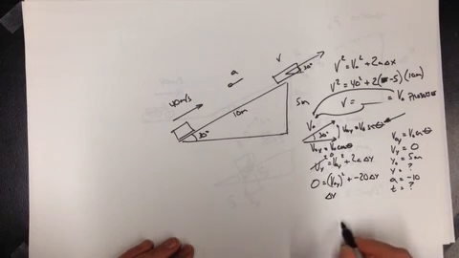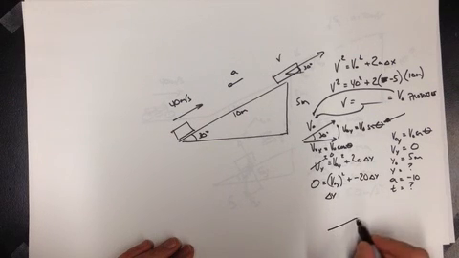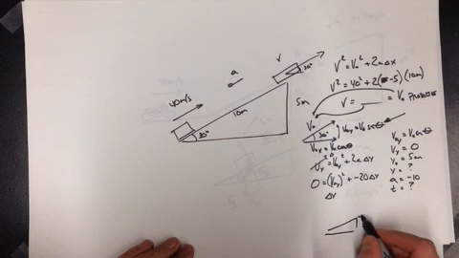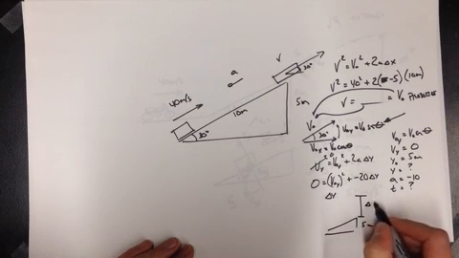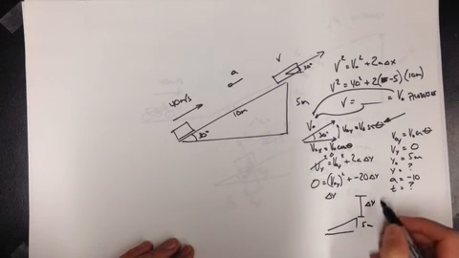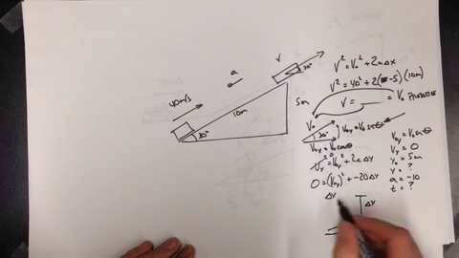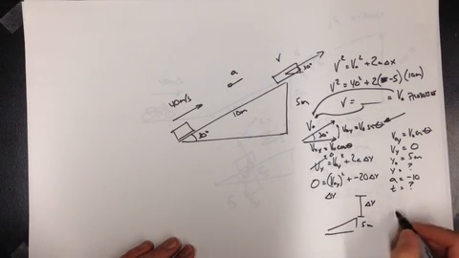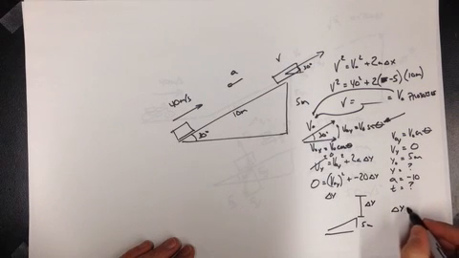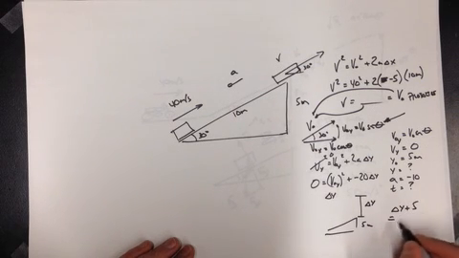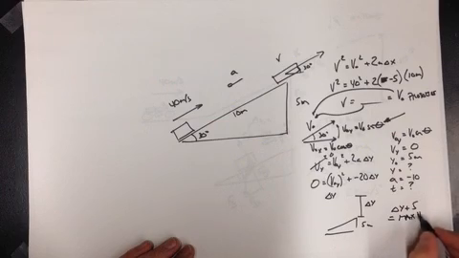Recognizing that delta y is the change in my y displacement from here up, and this is 5 meters, whatever I end up for my delta y, I'll have to add 5. So delta y plus 5 is going to be equal to your maximum height. And there we have it.